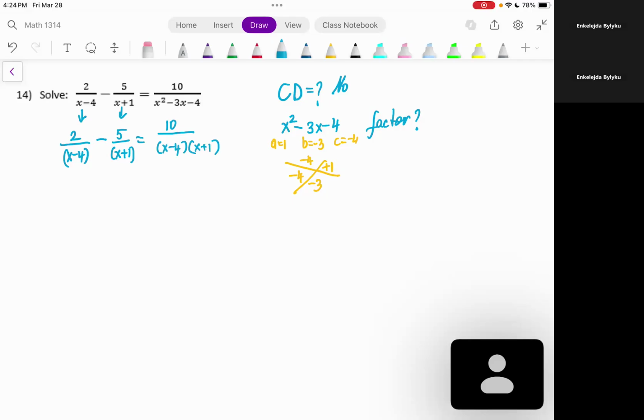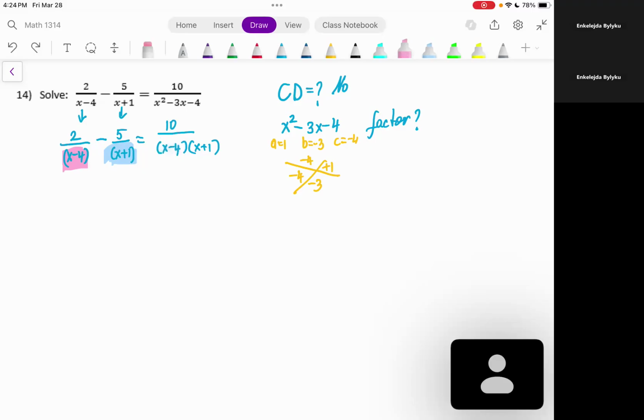All right, now we are ready to analyze this and find a common denominator. The very first rational term has x minus 4 in the denominator. The second one has x plus 1. And if you look at the third, the term on the other side, it has both of them.